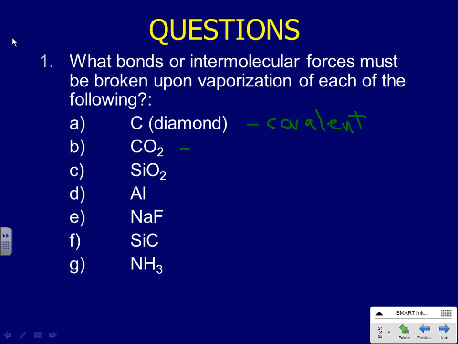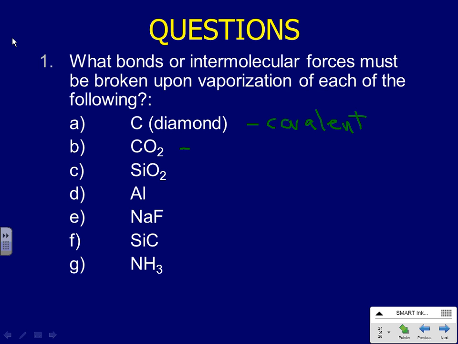So if we have something like solid CO2 and we melt it, well, actually it sublimes. It becomes a gas. What kind of bonds are holding the CO2 molecules together in that solid that we must break in order to initiate vaporization? Now here's the logic. Covalent network crystals, covalent. This is a small molecule, a molecular solid, which means you're thinking intermolecular forces.